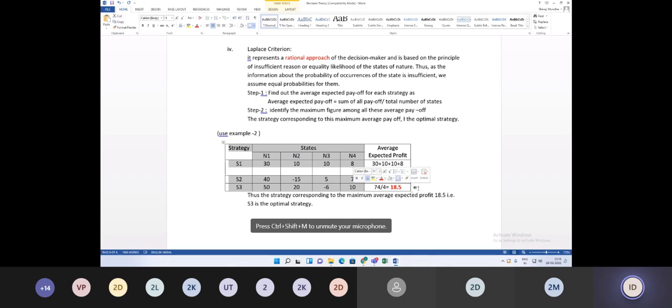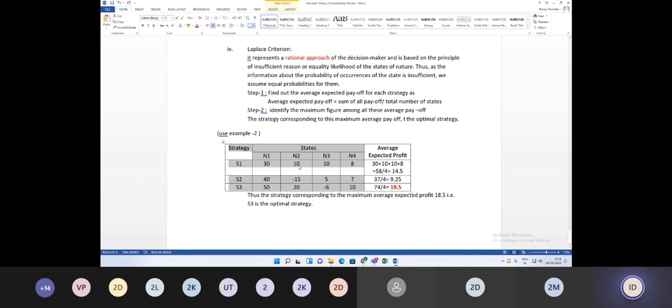In an MCQ they may ask which method uses the average expected profit to take the decision, the Laplace criterion or rational approach, phrased in a different way. Shall I continue? The first step is to find the average.